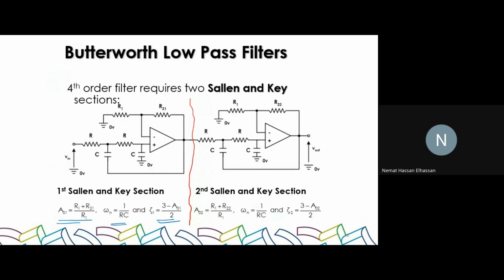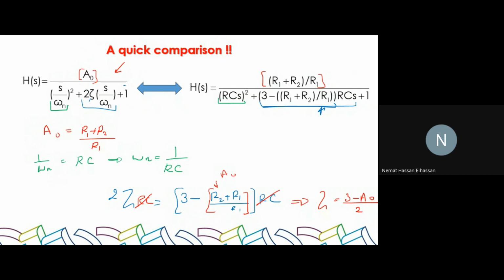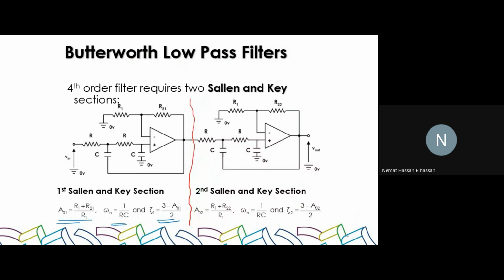Are we following? So these rules, A, omega n, and zeta, are the exact same rules we derived here. This is A, this is omega n, this is zeta. And I'm going to apply the exact same rules to each one of the 2 stages. Clear? Are we following?